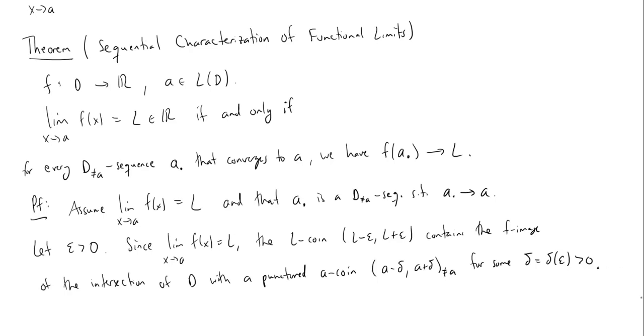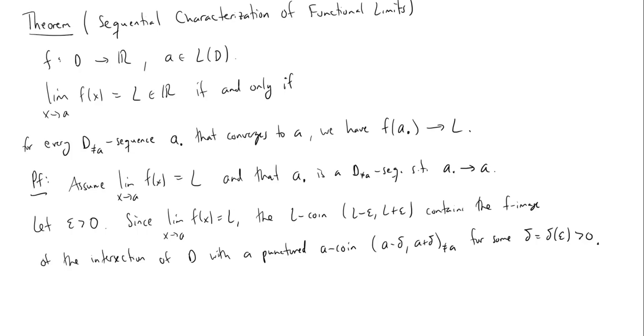But furthermore, we know that a-dot converges to A, which tells me that for any A coin, and look, I have an A coin of radius delta here, maybe this is punctured, but just ignore that. If I have an A coin of radius delta, there exists a tail of a-dot contained in that A coin.